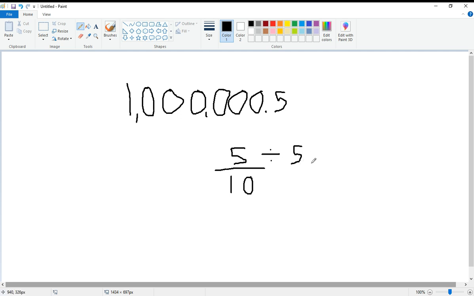So I can divide the 5 by 5 and get 1. I can divide the 10 by 5 and get 2. And then we have 1/2. So actually, 0.5 is the same as 1/2. And, I said 0.5. 5/10ths is the same as 1/2. And you'll remember, if we're working with money, if you have 50 cents, it works like that.